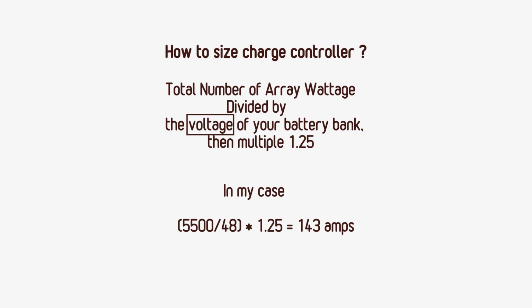The battery's chemistry can't handle that. Because of that, you need to be really careful, which is why sizing a charge controller is so important. You need to be careful how much electricity you're putting in. And even this 1.25 is a safety net, so that even if you put in more electricity, you're not going to destroy the batteries or burn your house down.